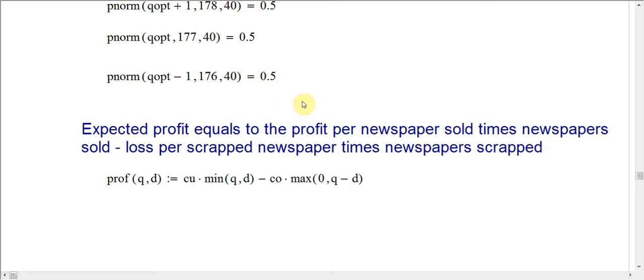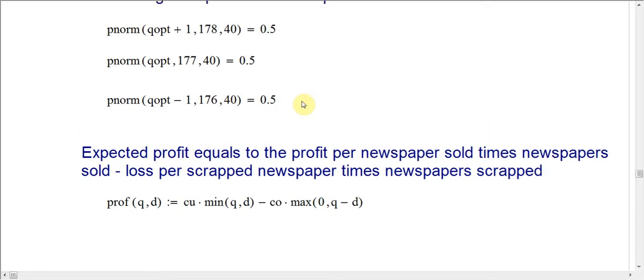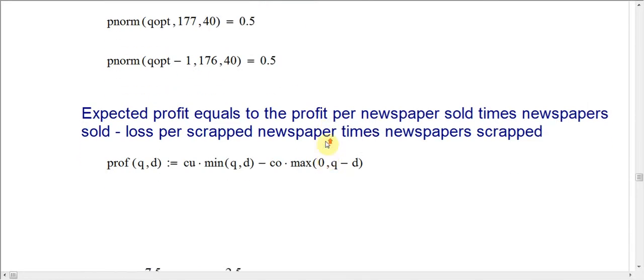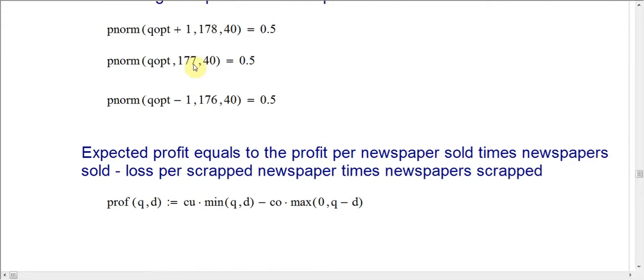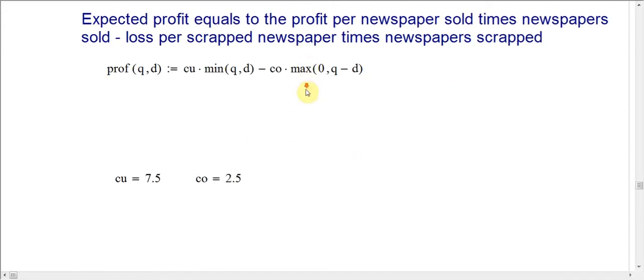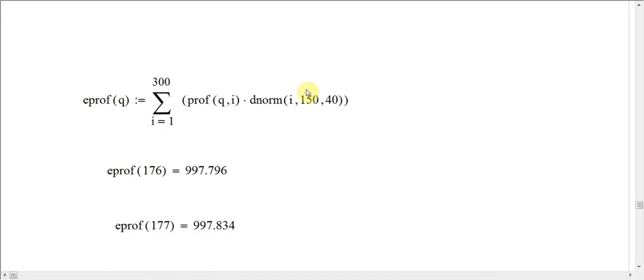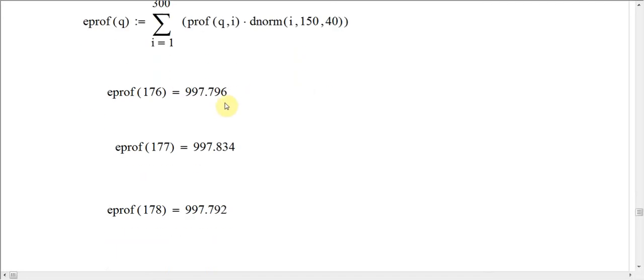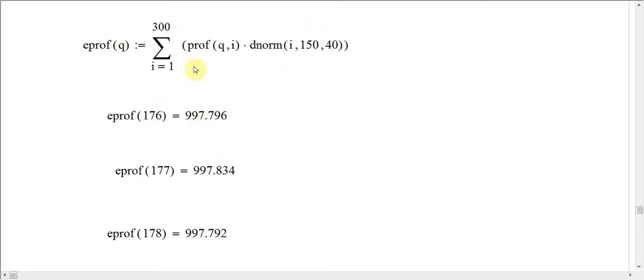If the calculations that we did are correct, then the profit should be maximum at 177 newspapers.